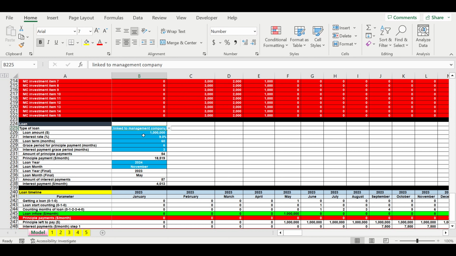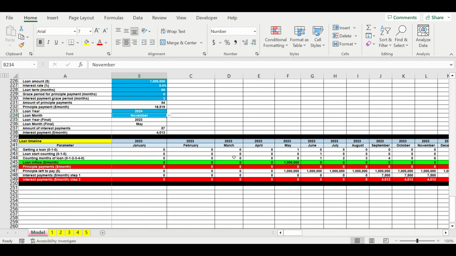Here we specify the loan amount, interest rate, term of loan, grace period for principal payments, and grace period for interest payments. If the loan is independent, we specify when we get it, year and month.